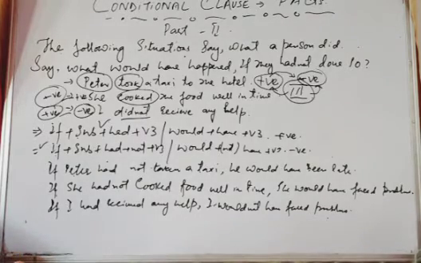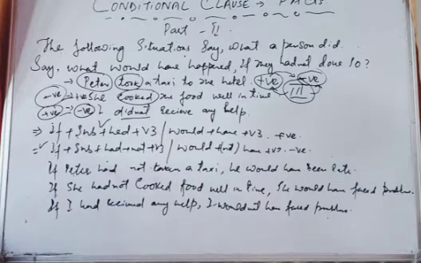So basically the procedure for solving these type of questions is you have to first of all identify the given situation, identify its sense. In the given situation, there might be the sense of negativity or positivity. It might be an affirmative sentence or a negative sentence.